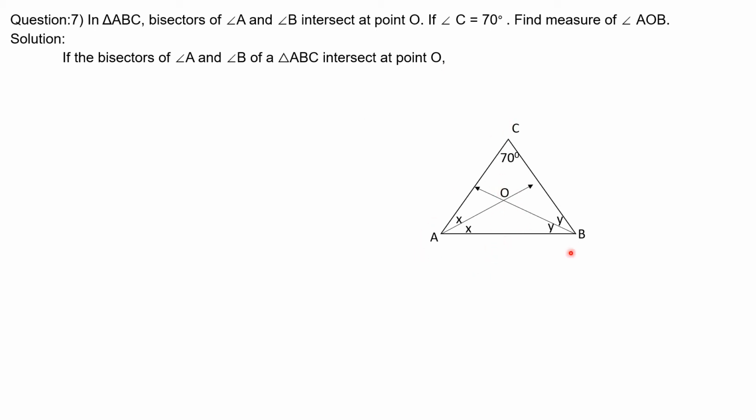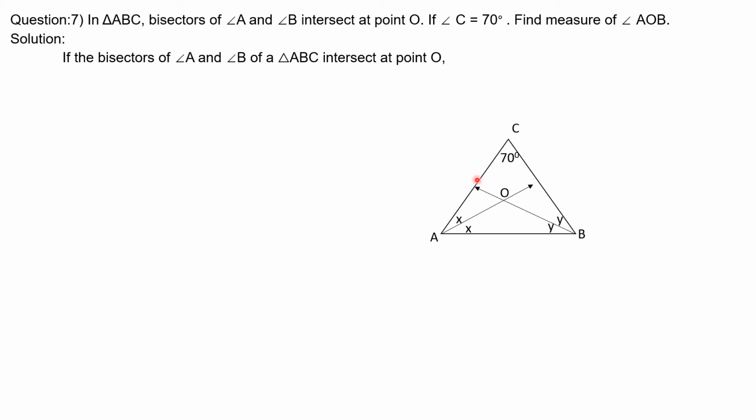Here, ABC is the given triangle and AO and BO are bisectors of angle A and angle B. A bisector makes two equal parts. So we write here x and x, meaning angle CAO and angle OAB have equal measure.